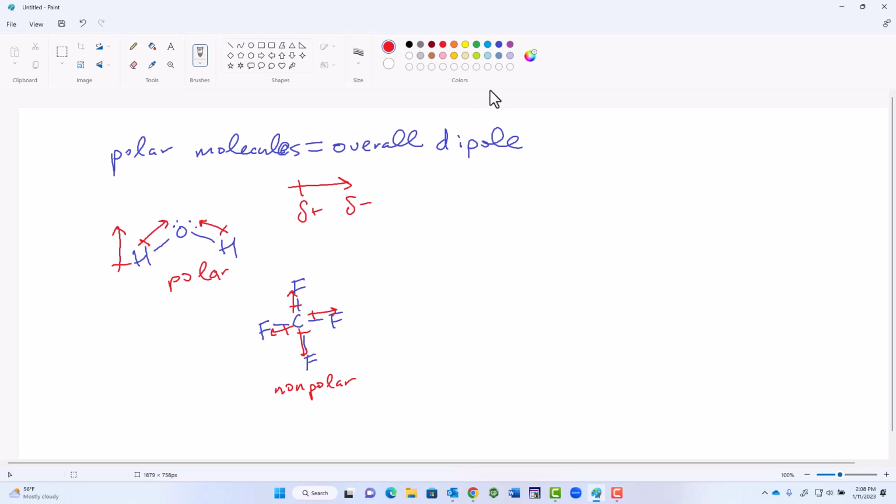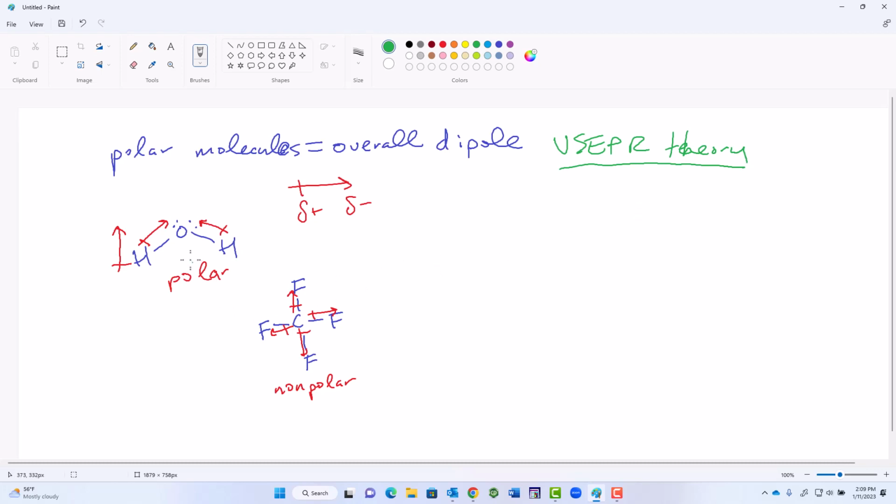Now, to consider the pole of a molecule or the dipole of the molecule, we do have to consider molecular geometry, which is governed by VSEPR theory, which is valence shell electron pair repulsion theory. What this says is that electrons are going to repel each other to form the most stable, furthest away configuration in a given molecule.